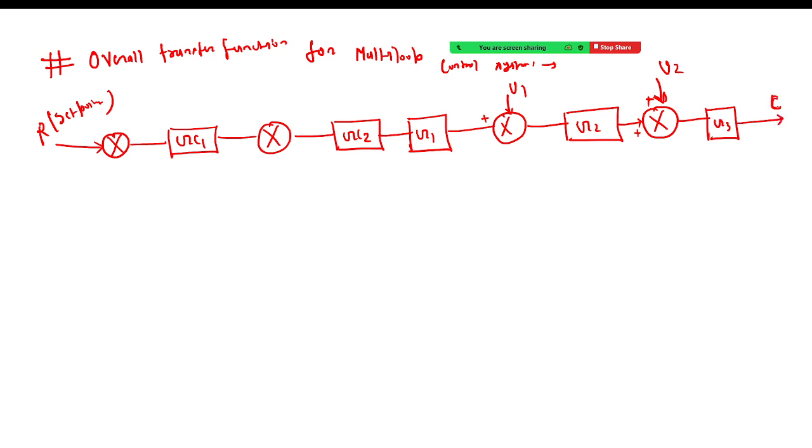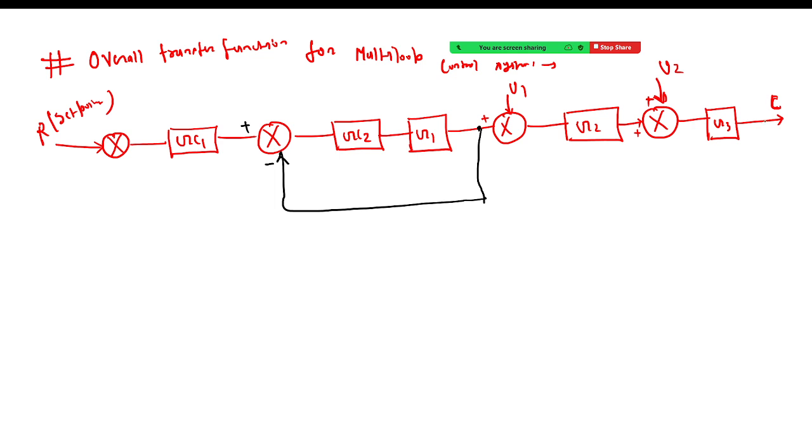This one is C. Is it clear? And from here, you'll see there is a feedback here. Fine. This one is negative. This one is positive.